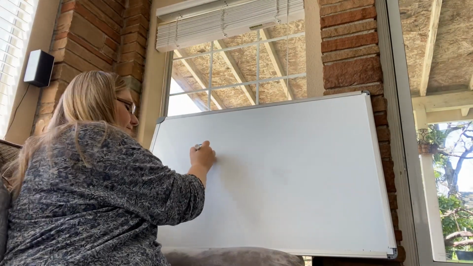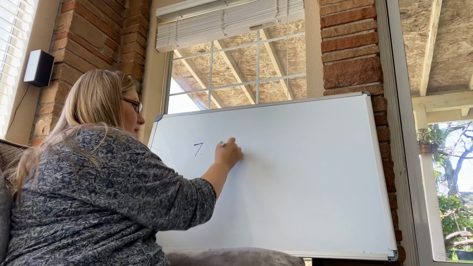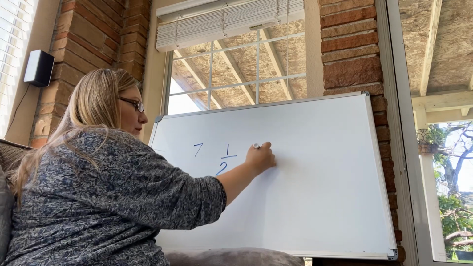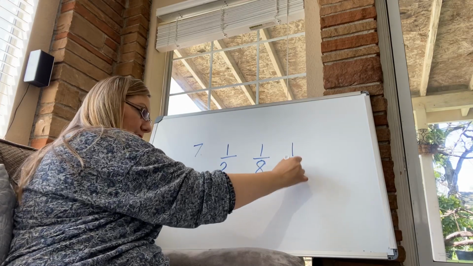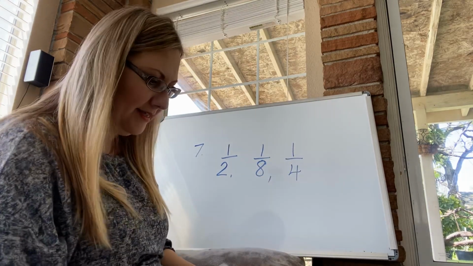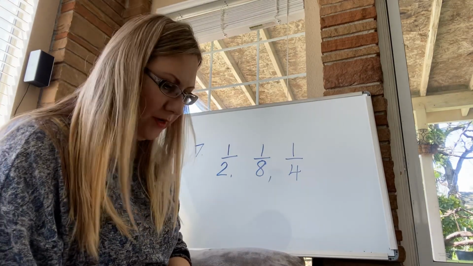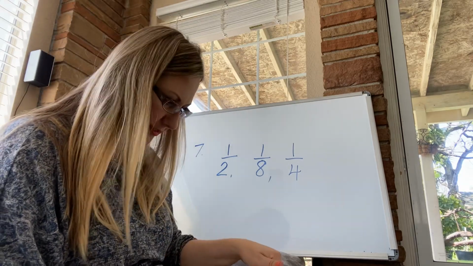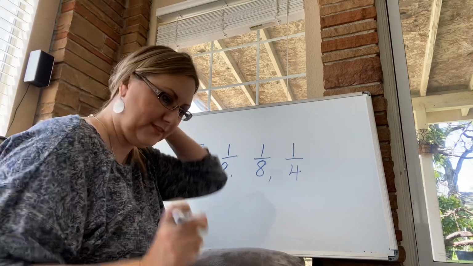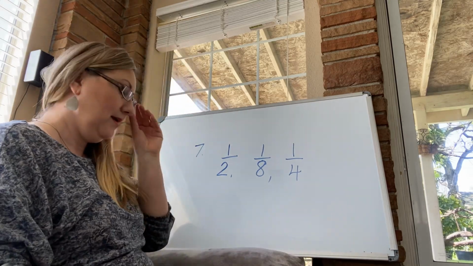Number 7 has 1/2, 1/8, and 1/4 shown. And it tells us to order these from least to greatest, the smallest number to the largest, the smallest fraction, I should say, to the largest fraction.